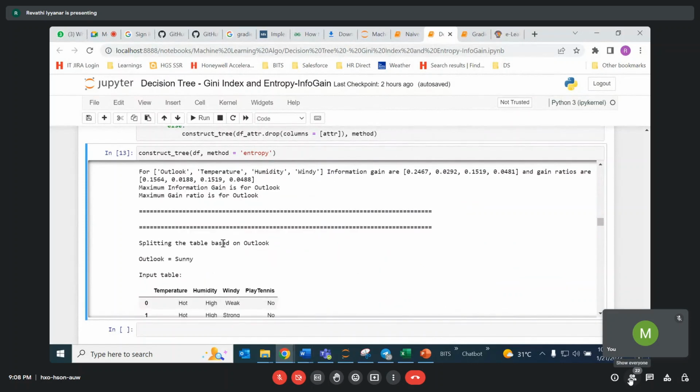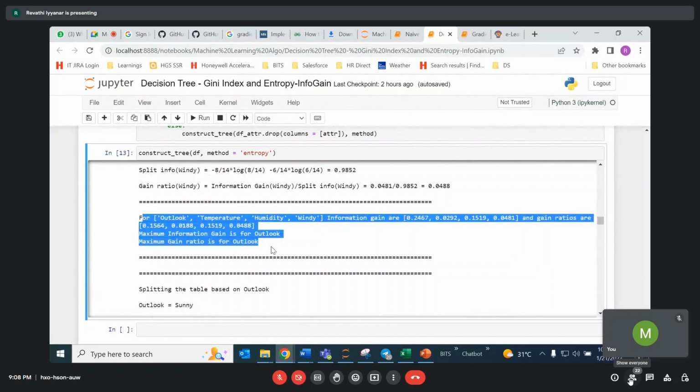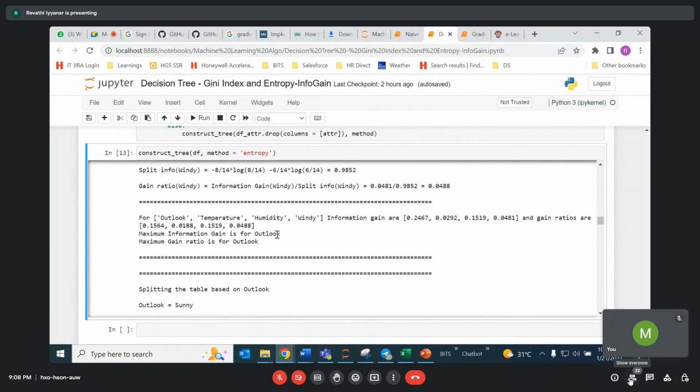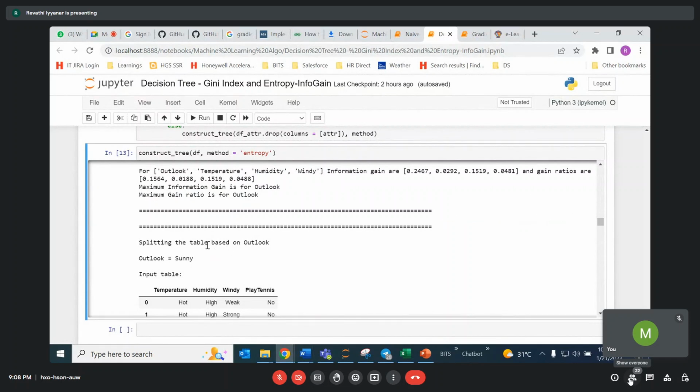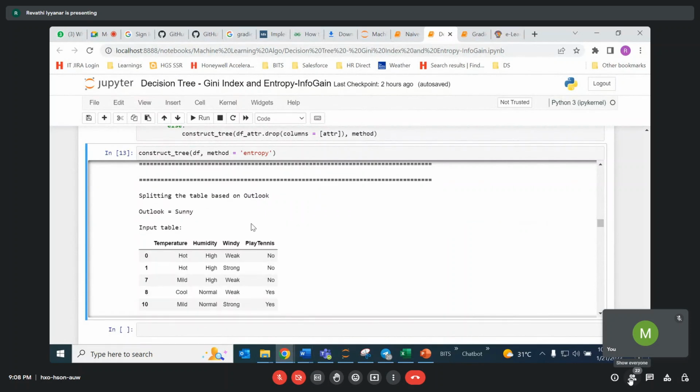This is where it starts. So Outlook will be the first node, right? And then they will split the table based on Outlook. Even I'm not sure, I don't recall drawing the tree for it.